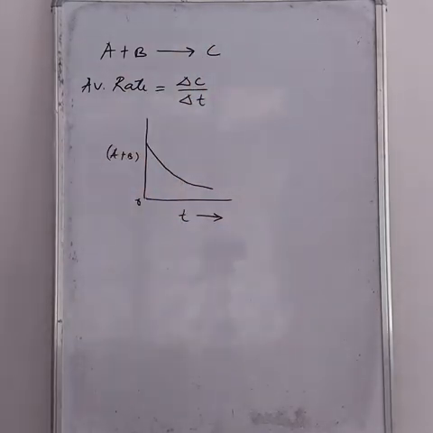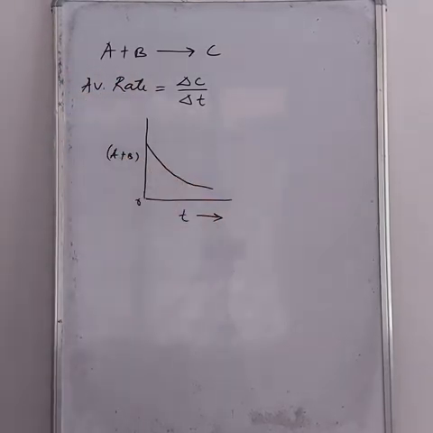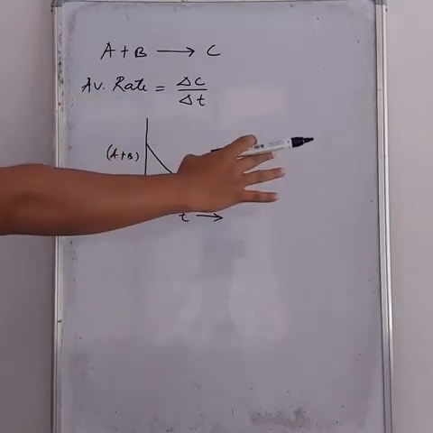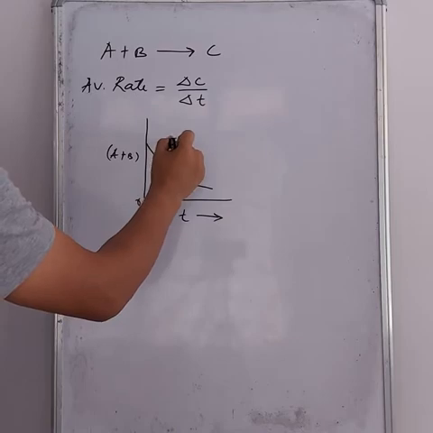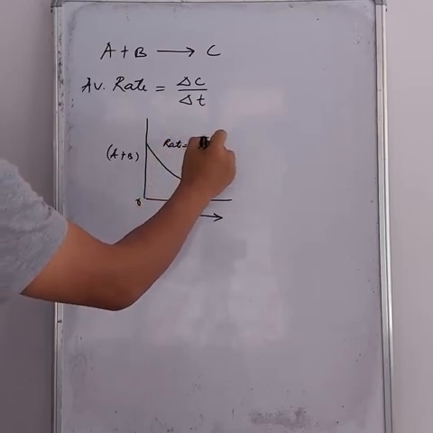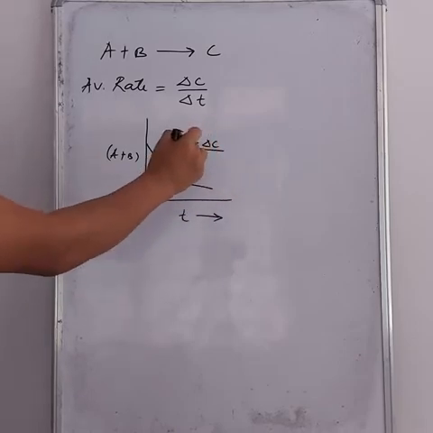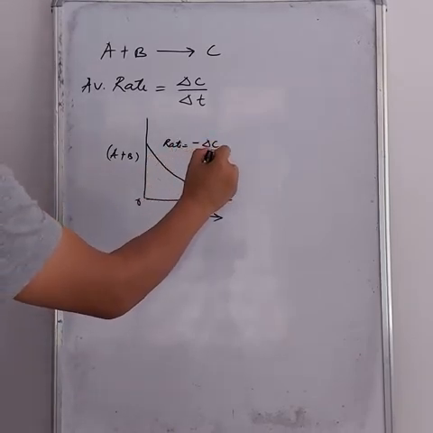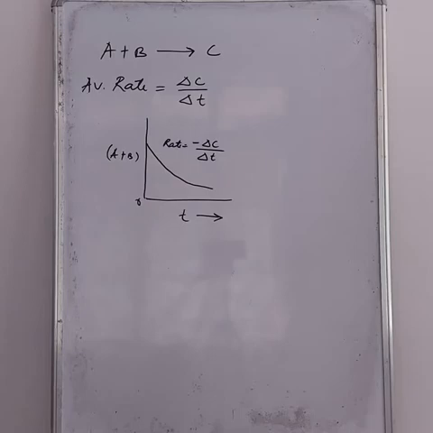This change is the slope of the graph, and it's a downward slope, so the rate will be given by negative change in concentration over change in time. And this is our average rate of a reaction.